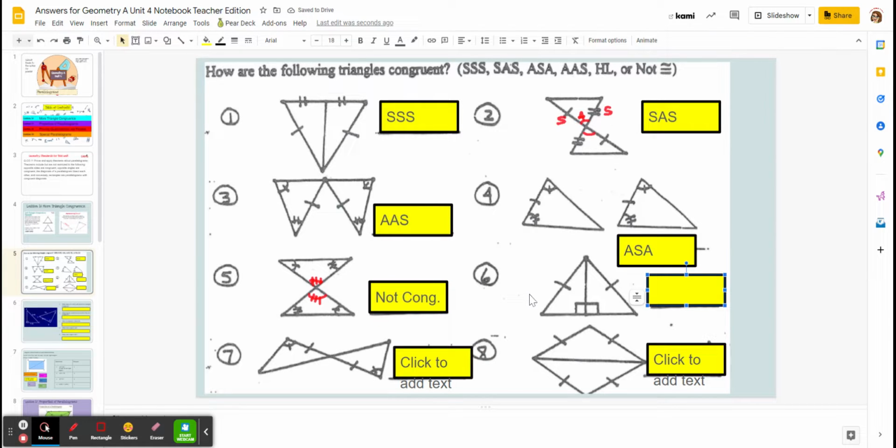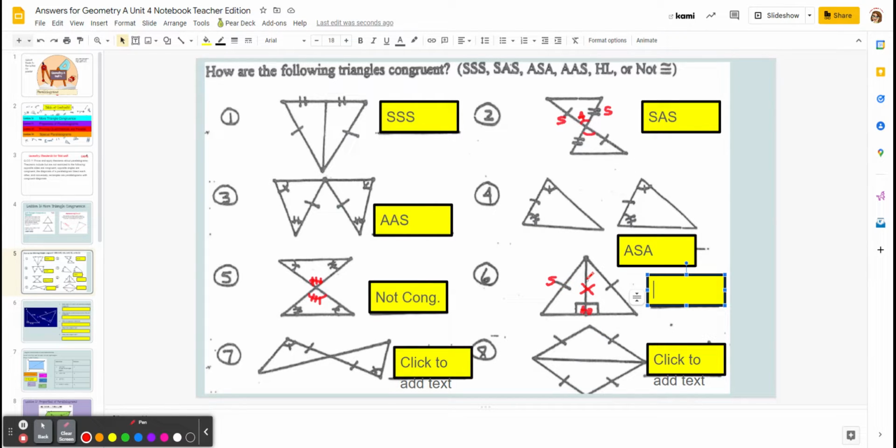All right, number 6. We have some sides that are congruent, a pair of corresponding sides, and a pair of corresponding angles here. So far we've got an angle here and a side. There is some information we know about this triangle that's not given to us, but we already know it. We do have this side that is congruent to itself using the reflexive property, the one that they share.